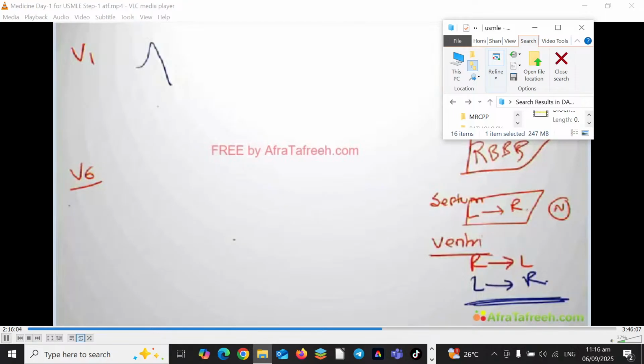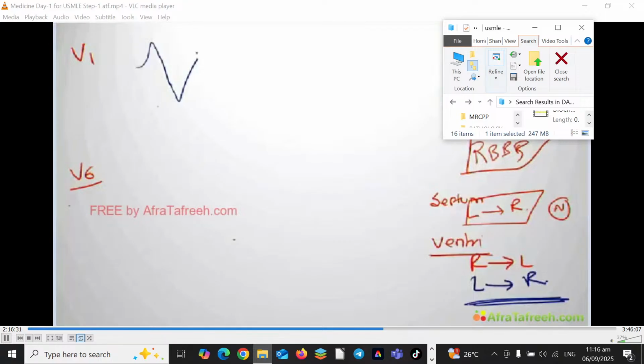Left ventricle, when it was getting activated, where was the current flowing? Towards the left side. When the current is flowing towards the left side, that means it is in the opposite direction for lead 1. Anything that is in the opposite direction gives a negative deflection. So you get a negative deflection, just as in the case of the normal heart.